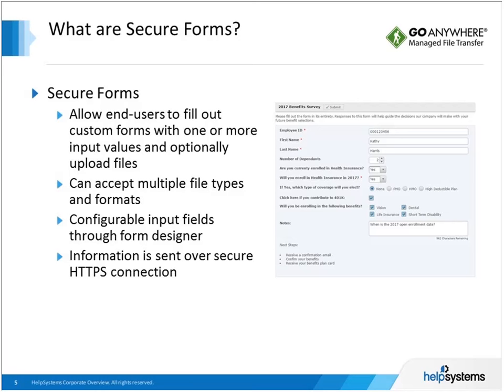Last but not least, keep in mind that all of this is across an HTTPS connection. That means the data being transferred to your system is going across a secured connection. Behind the scenes, when we're actually doing something with that data, it's being written to an encrypted folder. So if they upload a file that has sensitive data in it, that data is going to be encrypted at rest with AES 256 encryption.